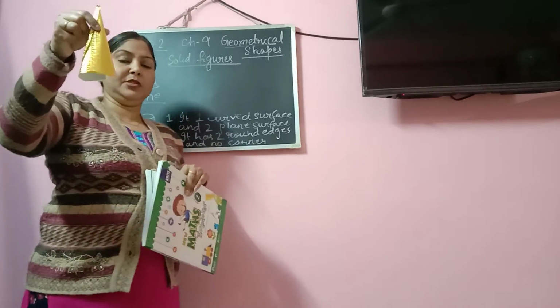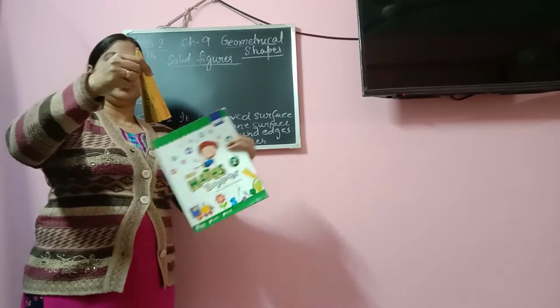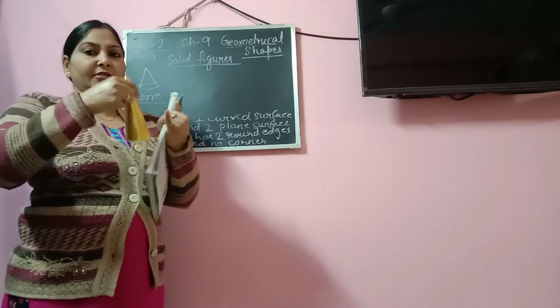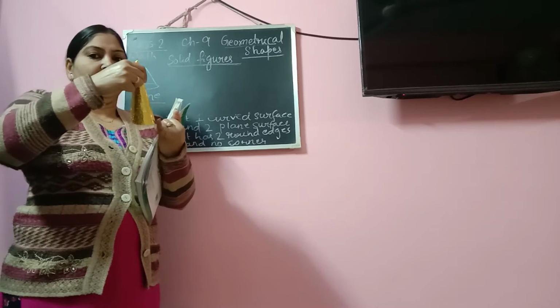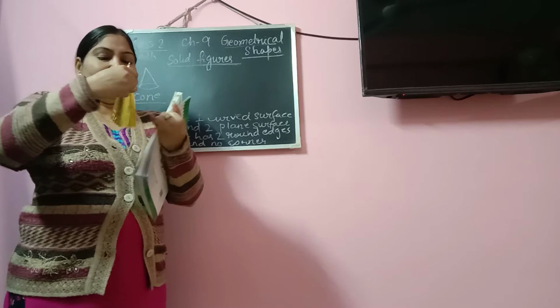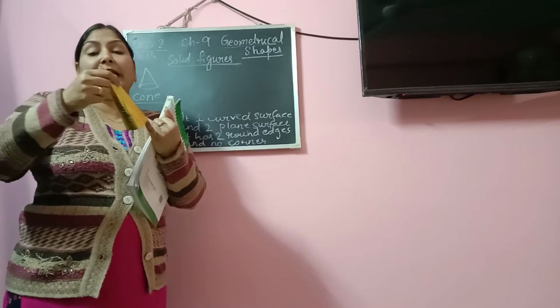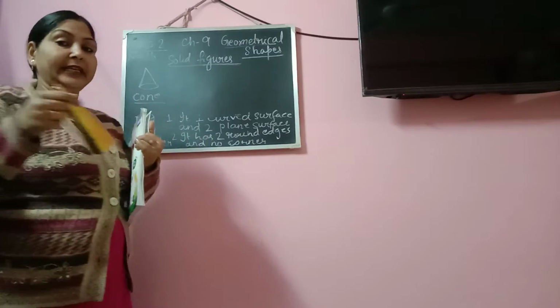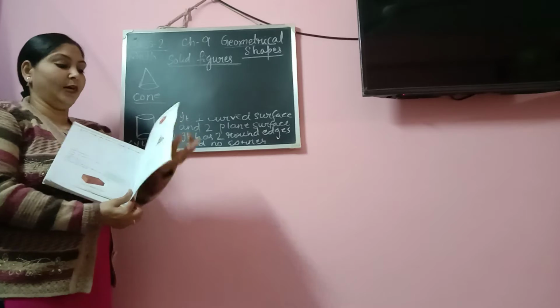This shape is almost like a cone shape. You can see one curved surface here, one corner, and one plane surface. It also has one round edge. Like in cylinder we had two round edges, but in cone we have one round edge.